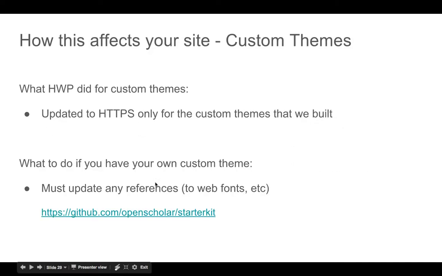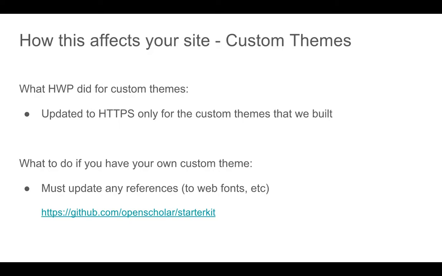Another thing that we did when we made the switch to HTTPS, for the custom themes that Harvard Web Publishing built, we basically went in and switched to HTTPS any URL referencing Google Fonts, or it could be images, other media, and made those secure.